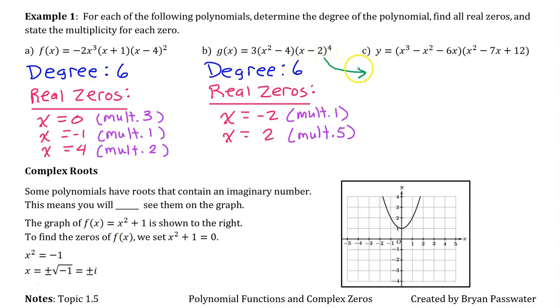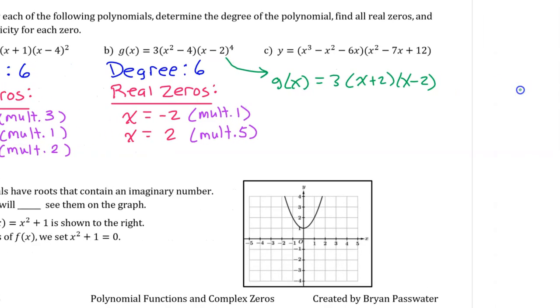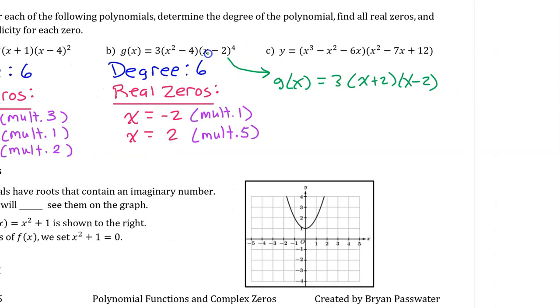Just to explain that a little bit better, g of x is equal to 3 times, and then we factored this, remember, difference of two squares, so we could factor this as x plus 2 times x minus 2. I'm going to have to go off the page a little bit, but then we have the x minus 2 to the fourth power.